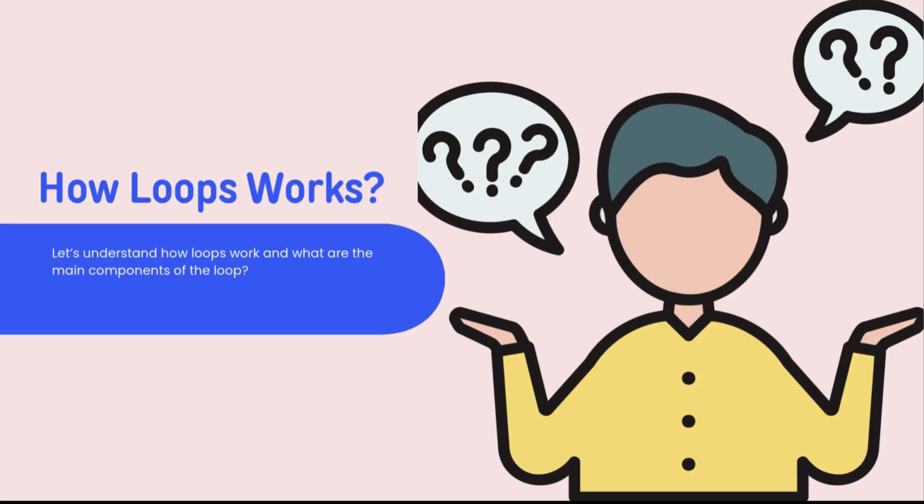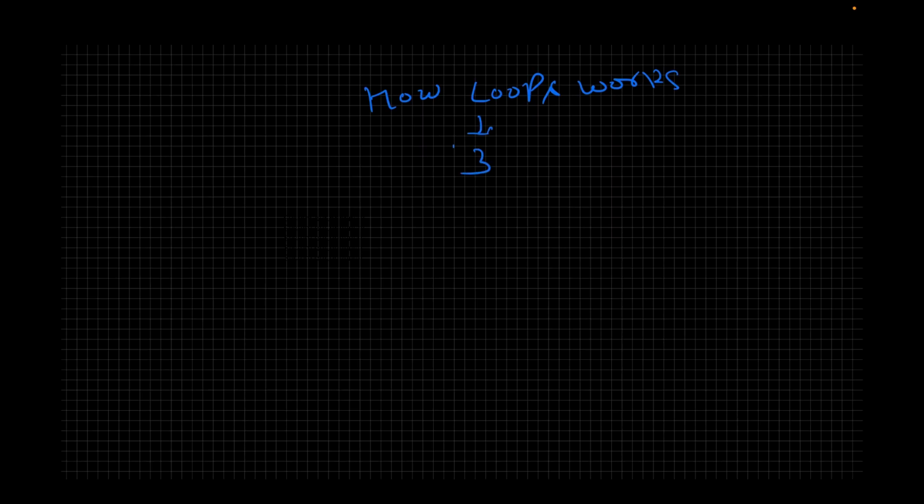Basically there are three main components of a loop. Number one is what we call initialization. This is where we initialize our logic, what needs to be done. For example, I have to do some work, let's say 5 times.